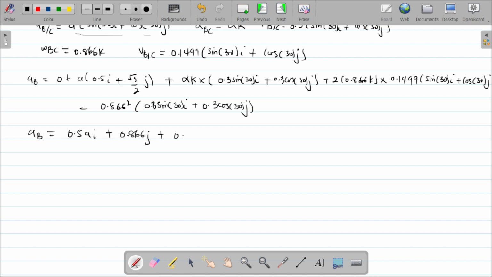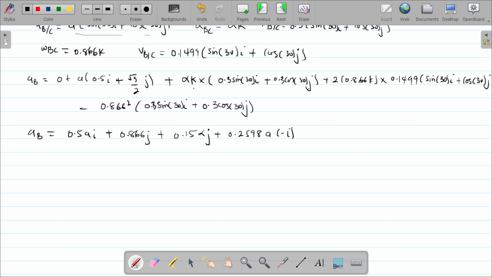So 0.15 alpha, and then k cross i will be j. And the next one we have 0.3 times 0.866, so we have 0.2598, so plus 0.2598 alpha, and then k cross j is negative i, so we have negative i here.